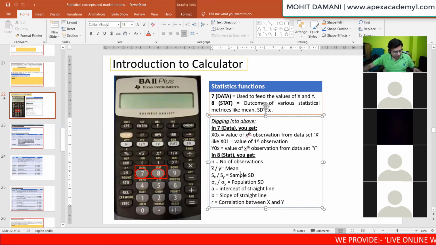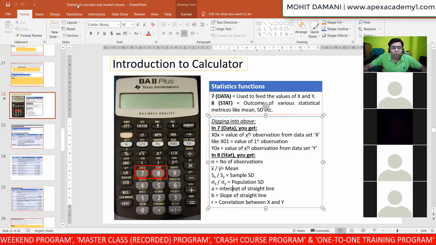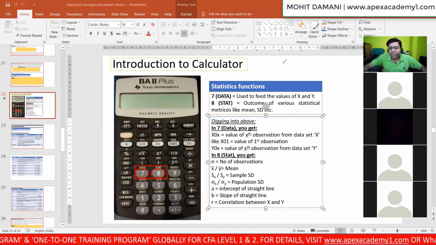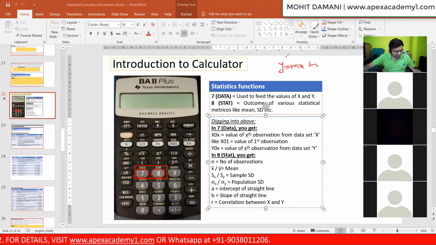Then σx and σy are the population SD, and a is the intercept. If you recall from your basic straight line class, the straight line equation is y equals mx plus c, correct? That was the equation you would have always heard about. I use this equation extensively when we explain the straight line concept.